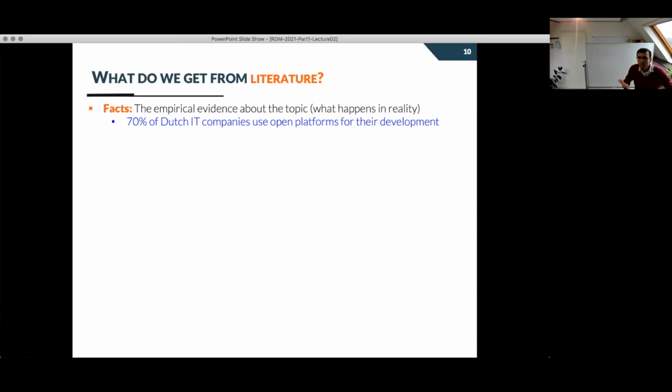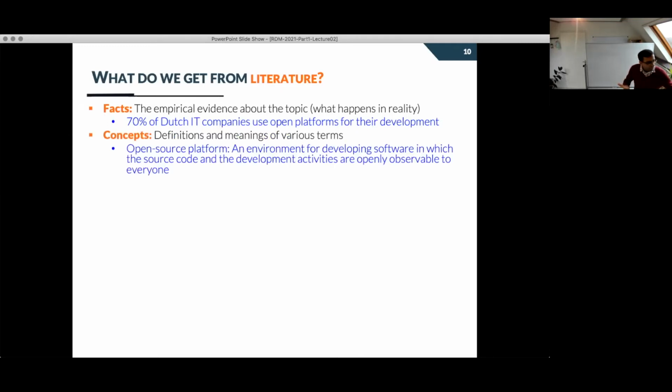But that's not the only thing you can get from the literature. You also need to be careful and sensitive to the concepts. Concepts are definitions. What does it mean, open platform? What does it mean, user engagement?